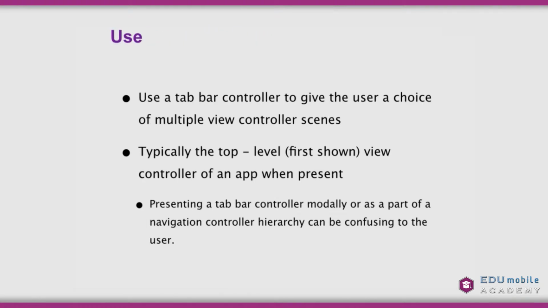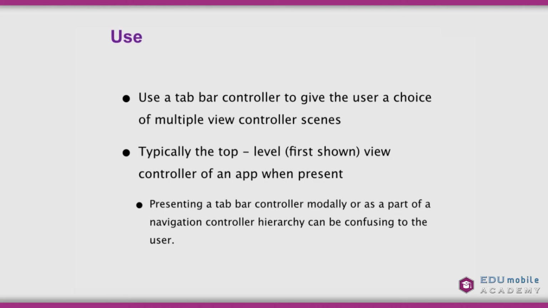Now, a tab bar controller gives the user a choice of multiple view controller scenes at will. So the tab bar controller allows the user to pick whatever they want to see that is held by that tab controller as part of its collection of view controllers.